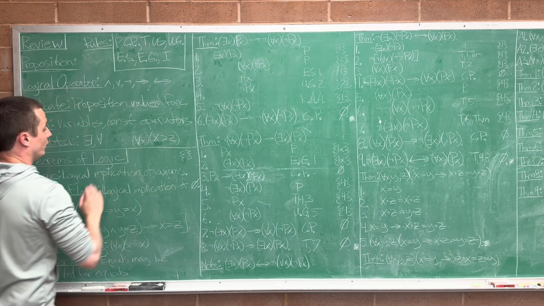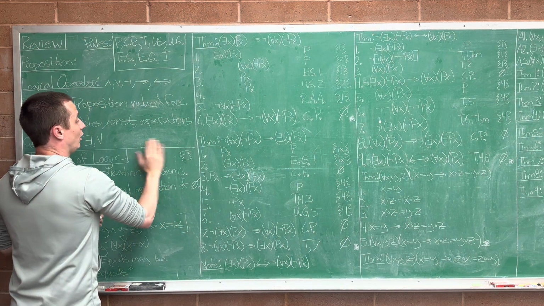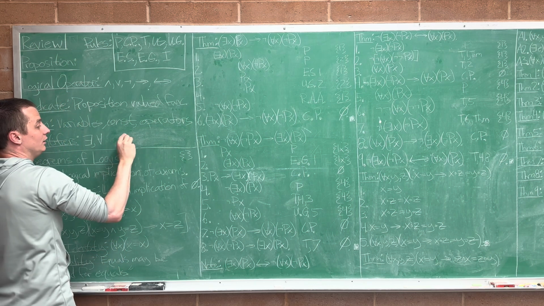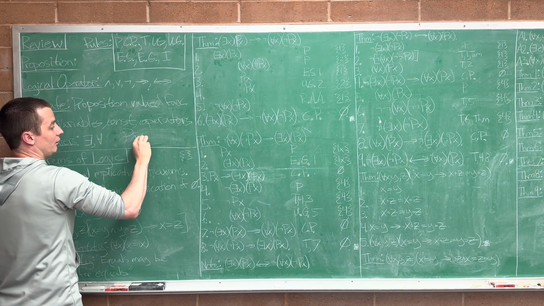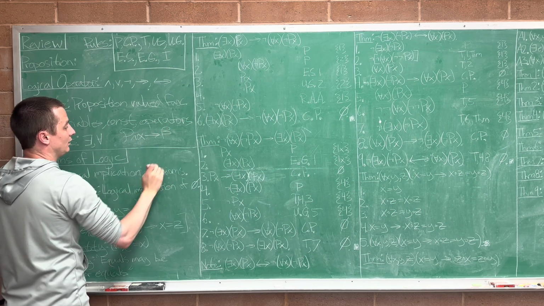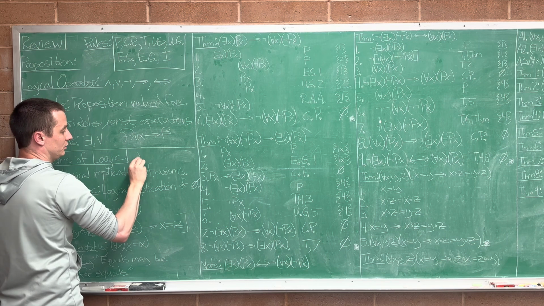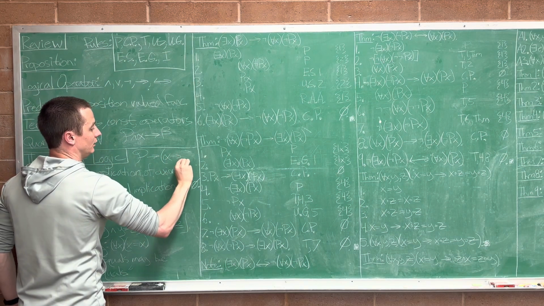Remember our rule for conditional proof. Our rule for conditional proof is if I show that all my premises together with alpha implies beta, that's the same thing as showing that my premises alone imply alpha implies beta.